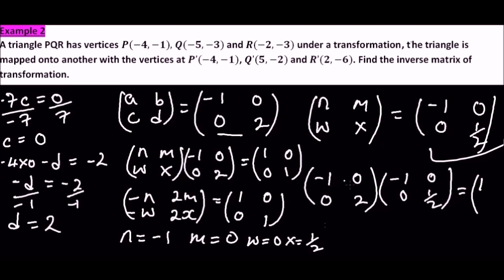Then minus 1 times 0 is 0, 0 times a half is 0, so there we have 0. 0 times minus 1 is 0, 2 times 0 is 0, so we have 0. Then 0 times 0 is 0, 2 times a half is 1.